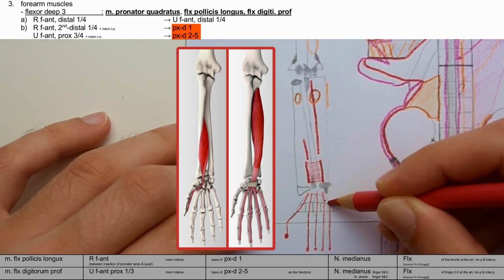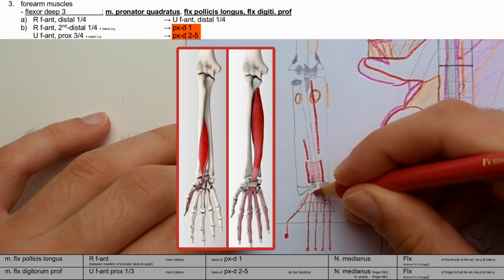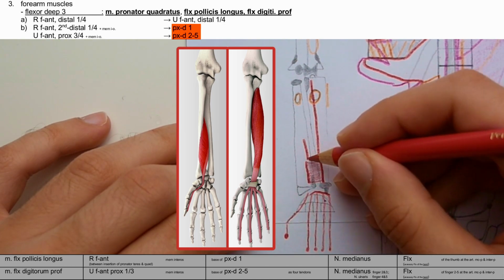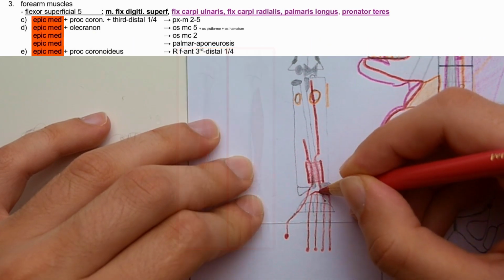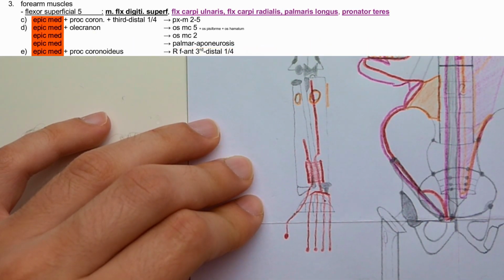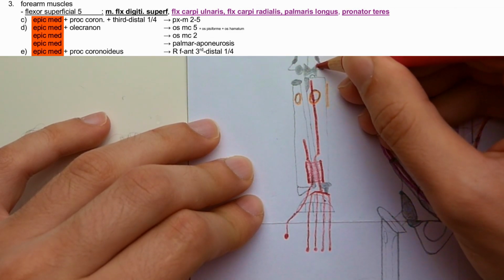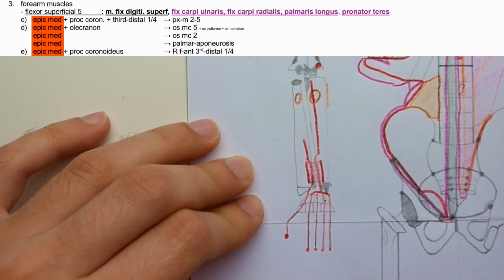The tendons of the latter converge over the carpus. All muscles from now on have the origin on the epicondylus medialis. Some of the muscles also have additional origins, which are unfortunately also important to know because of their relevance to the course of the nerves.